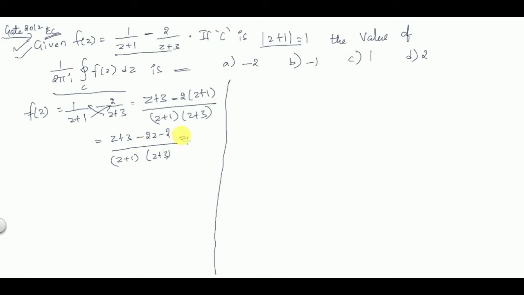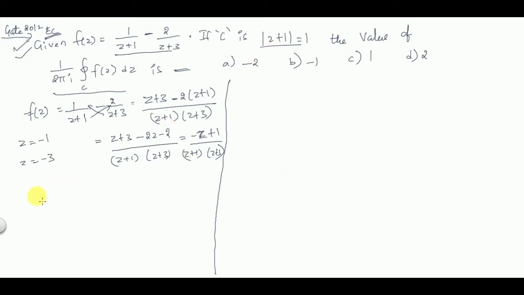So z minus 2z is minus z, 3 minus 2 is plus 1, so minus z plus 1 divided by z plus 1 into z plus 3. So the singularities here are z is equal to minus 1 and z is equal to minus 3.